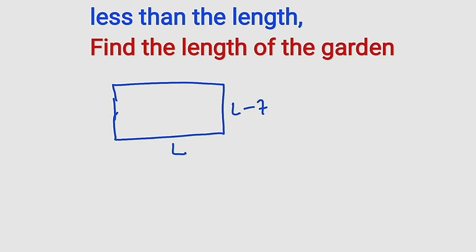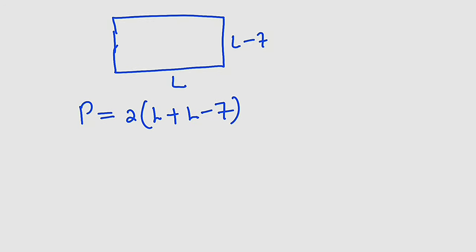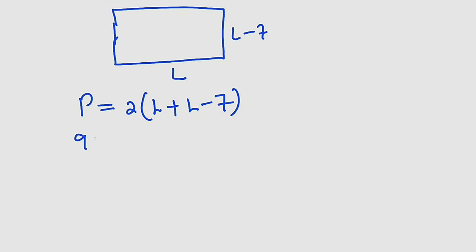And the perimeter P is always equal to 2 multiplied by the length plus the width, which is also L minus 7. But the perimeter is already given from the question as 90 meters, so let us substitute it. We have 90 equals 2 multiplied by L plus L minus 7, which is 2L minus 7.